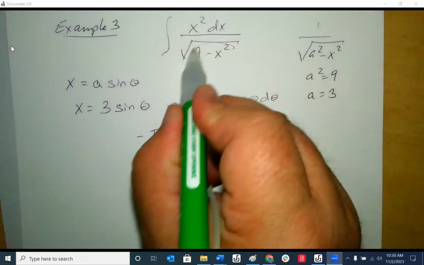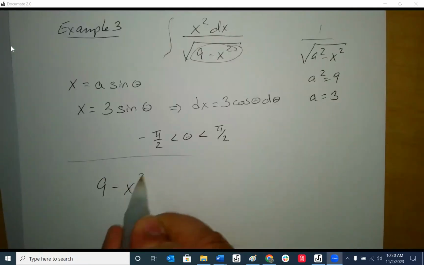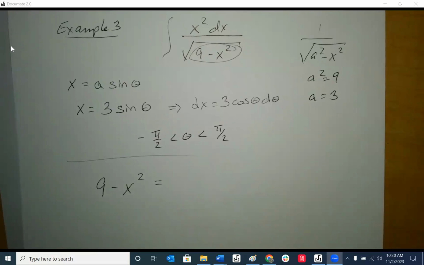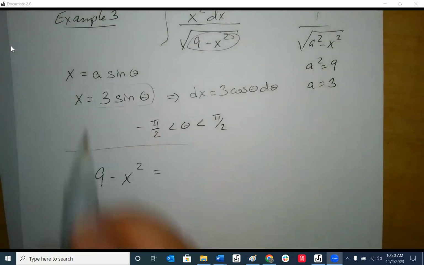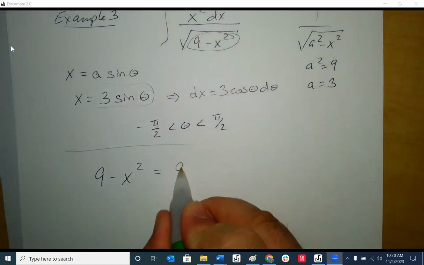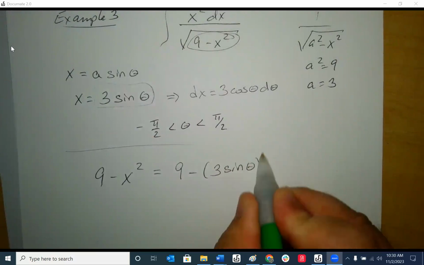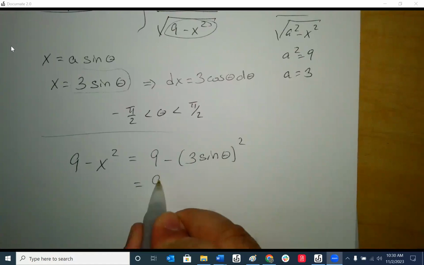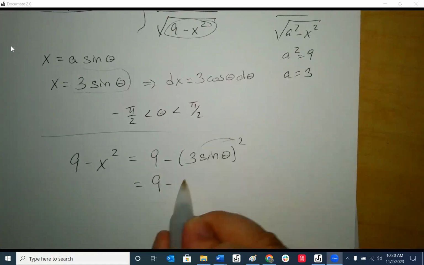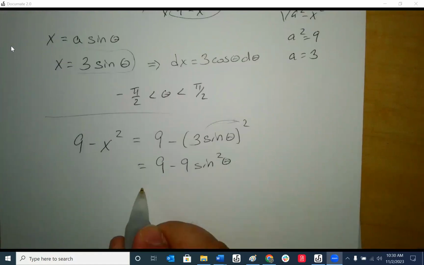Now let's look at our function here. We have 9 minus x squared. X is that, so we have 9 minus 3 sine theta squared, which is 9 minus 9 sine squared theta.